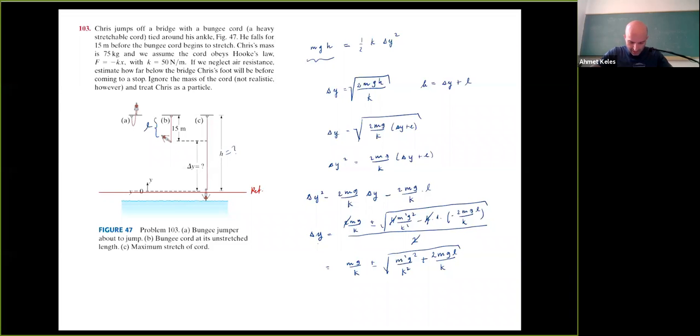So maybe I can take mg over k inside the parentheses. This one will be 1 plus or minus square root of 1 plus 2L over mg over k. I write k here. Okay. And is it plus or minus? Which one? Why? Why not?